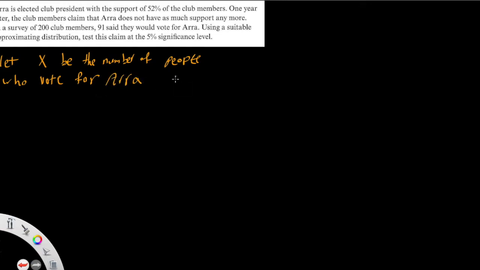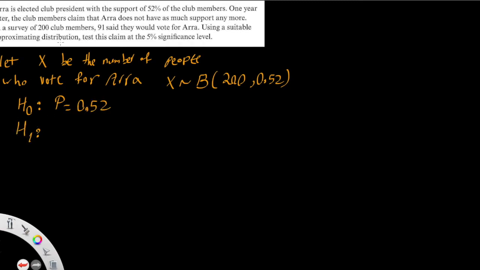Then X has binomial distribution with 200, because 200 are actually asked, and 0.52, because 52% of the club members were supporting Ara. Now, so H0 will be P is equal to 0.52, and H1 will be, as it is claimed that it doesn't have as much support anymore, so the support is less, so P less than 0.52.